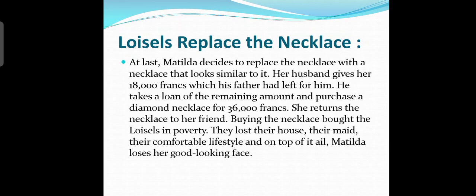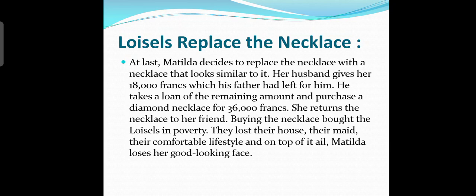Now the Loisels replaced the necklace. What did the Loisels do? They tried their best to get the necklace back, but nothing worked. So they got another idea. What was that idea? They tried to replace it.